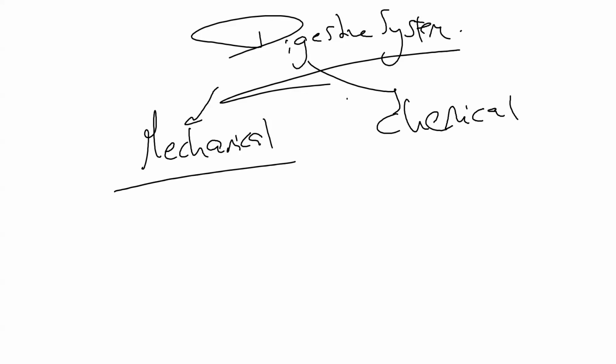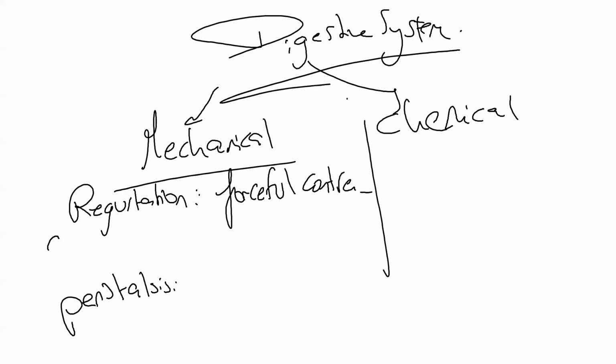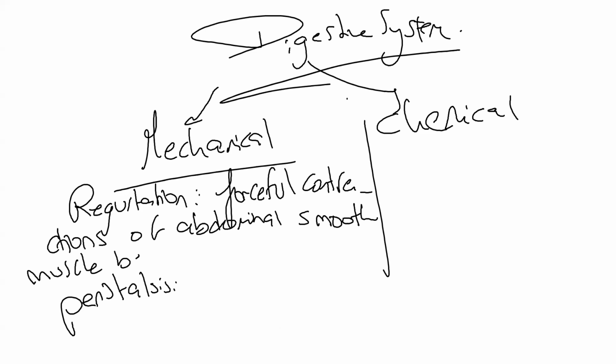So we have the regurgitation, and we have the peristalsis. The regurgitation, as the definition, is the forceful contractions of abdominal smooth muscle backward flow.